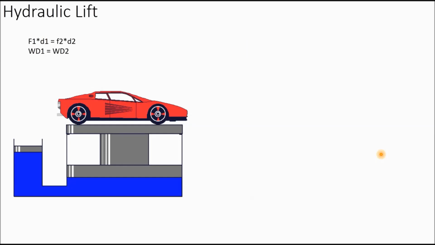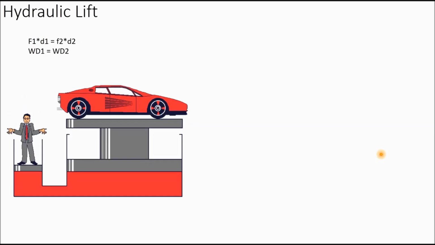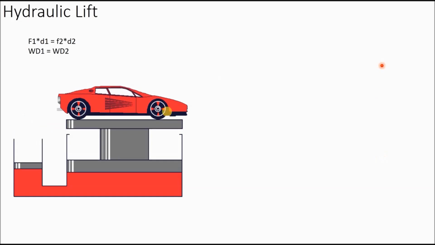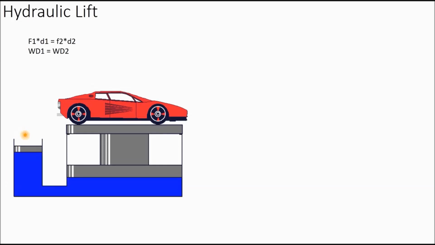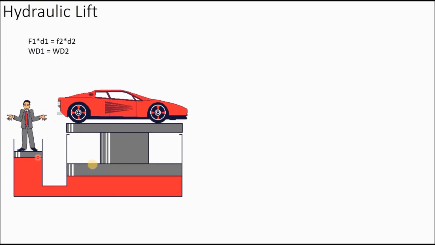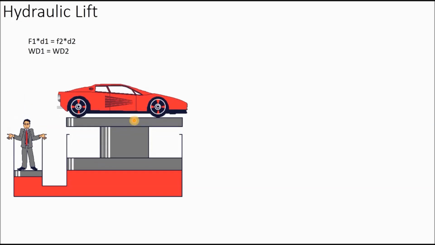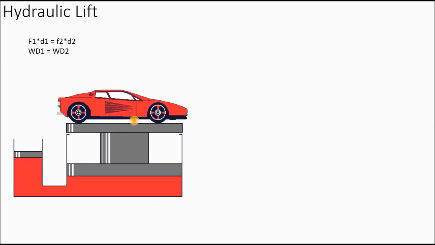Even hydraulic lifts help to lift cars and trucks. I am applying a small force, but I am lifting a very big load on the automotive lift. How is it possible? Energy is neither created nor destroyed.